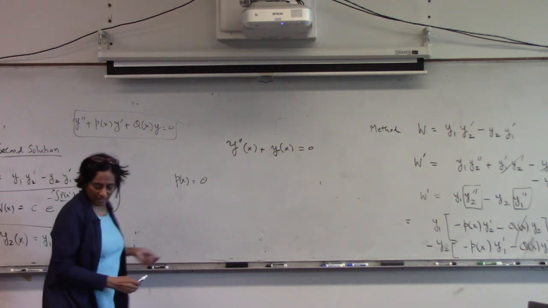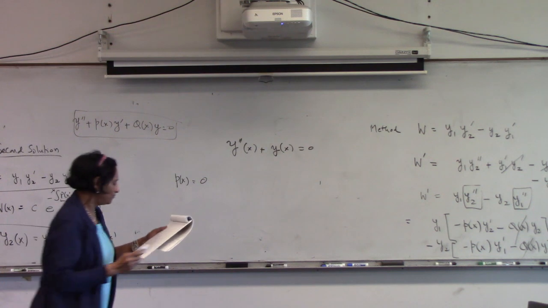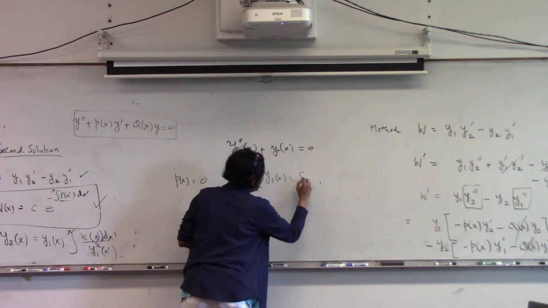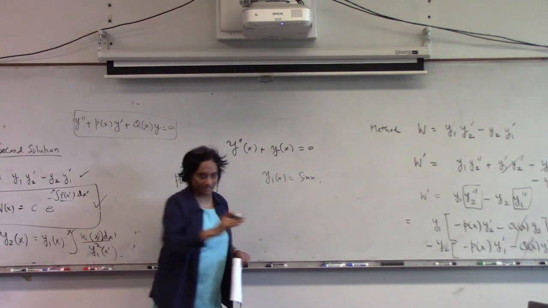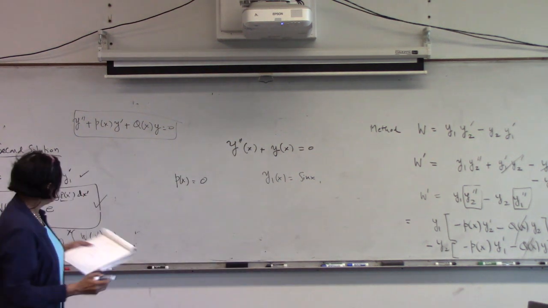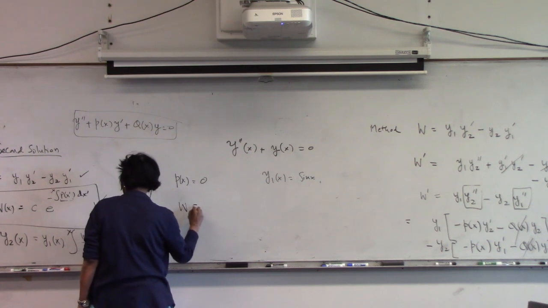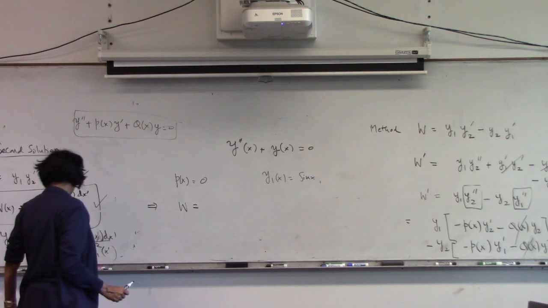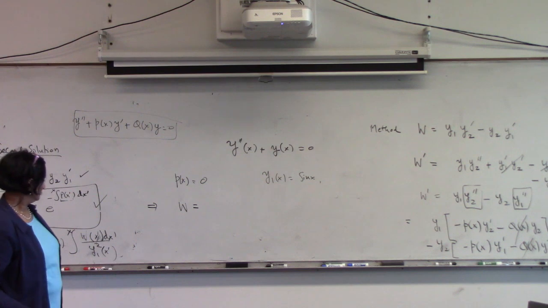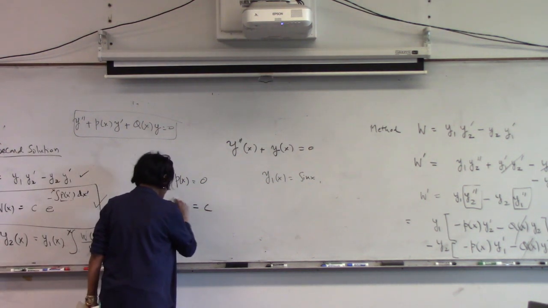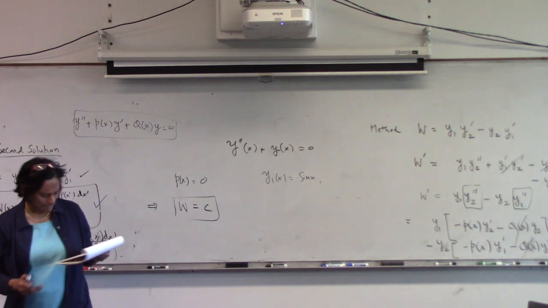Let us say y1 for me is sine of x, and I'm trying to get the second solution. So what's the Wronskian in this case? If P of x is 0, what is the Wronskian? It's just a constant, right? Constant 1 doesn't matter, because the exponential is there.